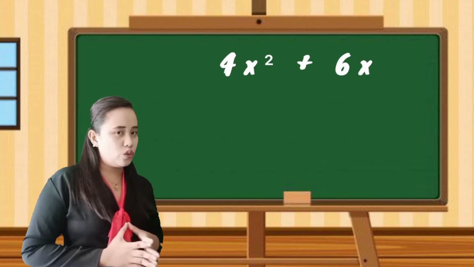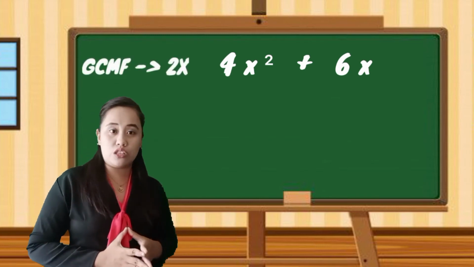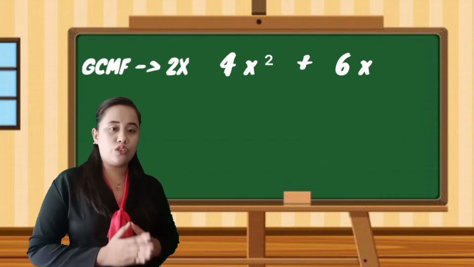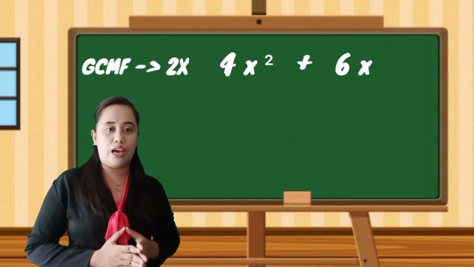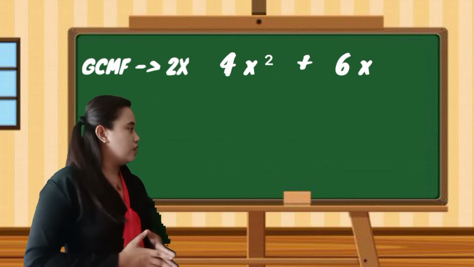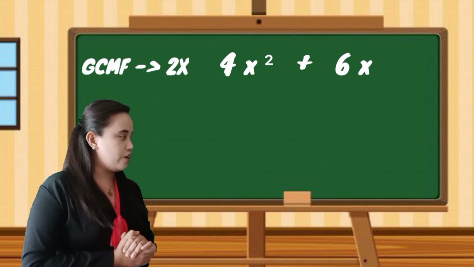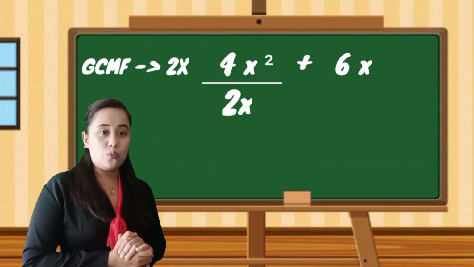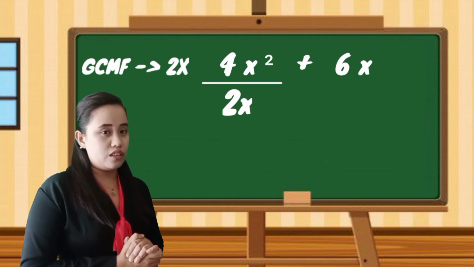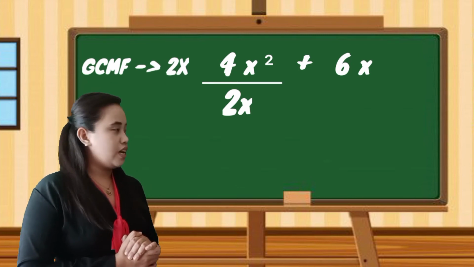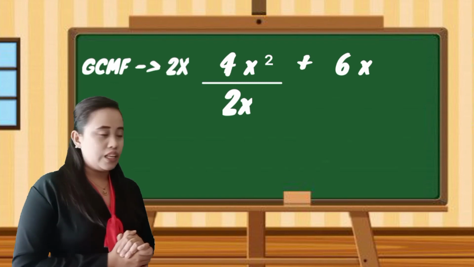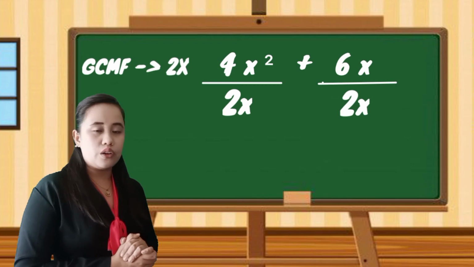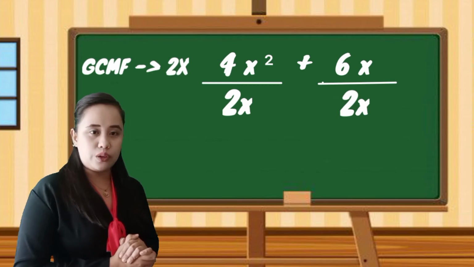So in order to factor out the common monomial factor, which is 2x, we have to divide each term by our common monomial factor. Okay? So let us try. We have here 4x squared divided by 2x, which is our greatest common monomial factor. Same with 6x. 6x divided by 2x, which is our greatest common monomial factor.